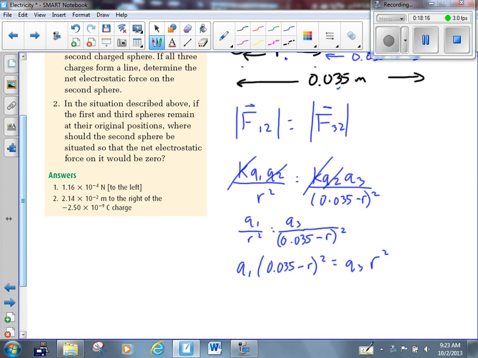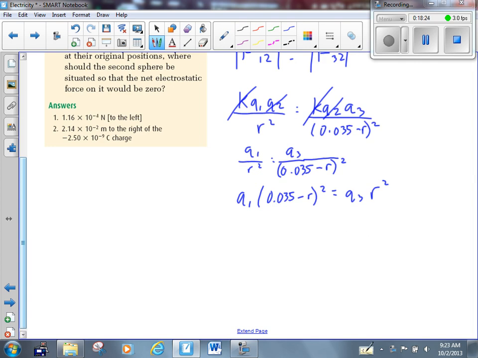That's a perfectly valid thing to do. But it gets kind of ugly mathematically. There's an easier way. Let's first of all get this by itself. Say 0.035 minus R squared equals Q3 over Q1. What do you got times R squared? Good.